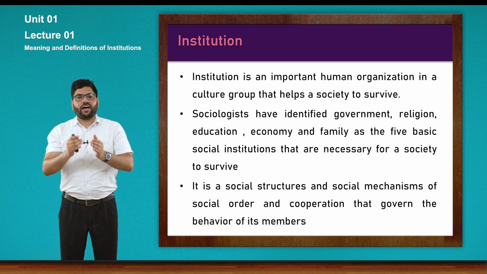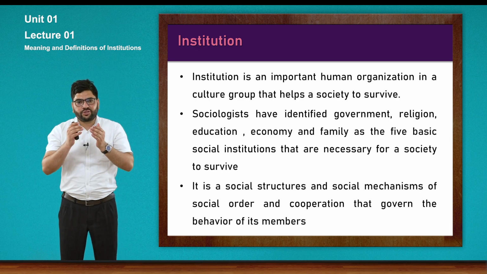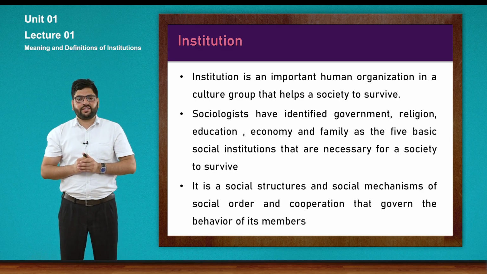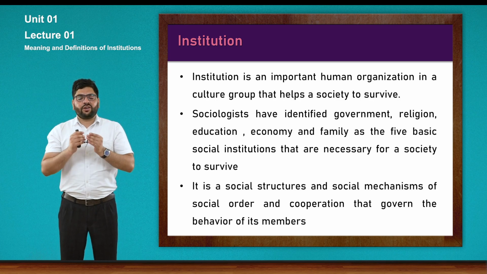So these are the 5 basic institutions here. I am saying that number 1 is the state, education, economy, family, and the religion.